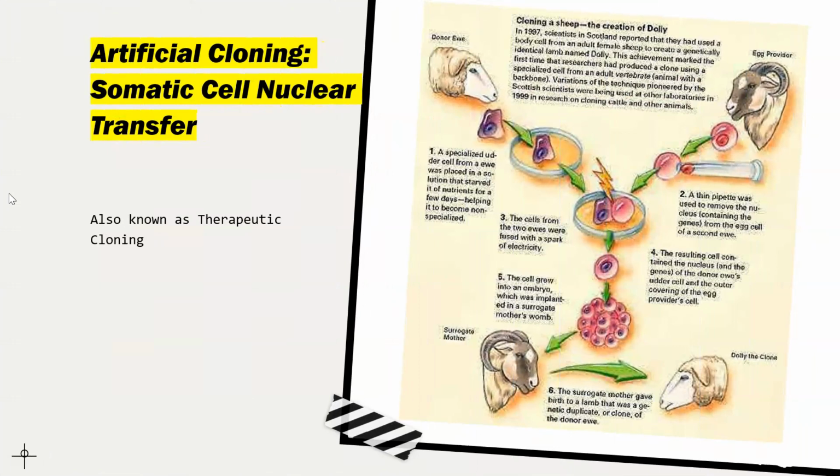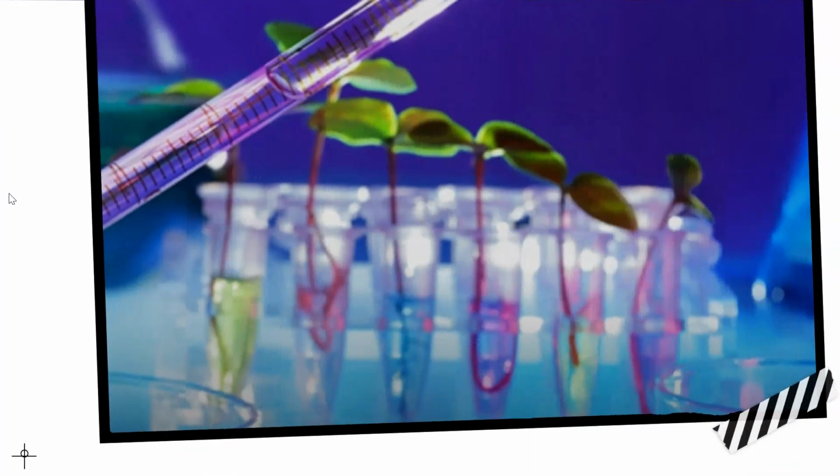Now we will look at these processes further, for example, the somatic cells, looking at how Dolly the sheep was formed, okay, and that's where they took cells from the udder of one ewe and gamete from another ewe and took out the nucleus, and into the nucleus they put the full DNA from the donor ewe, and from that they managed to develop Dolly the sheep. So that is a type of therapeutic cloning.